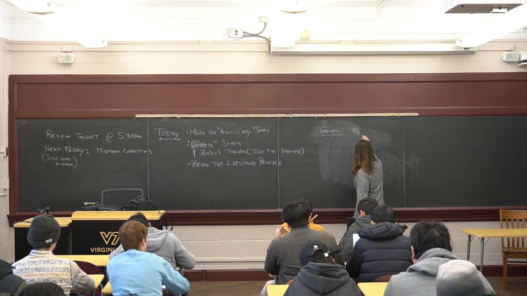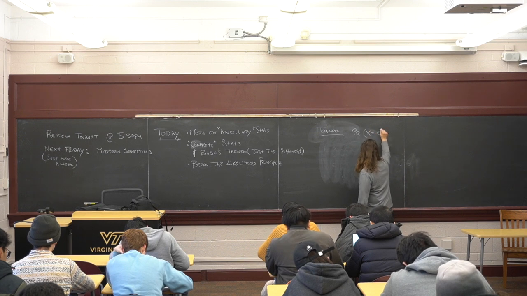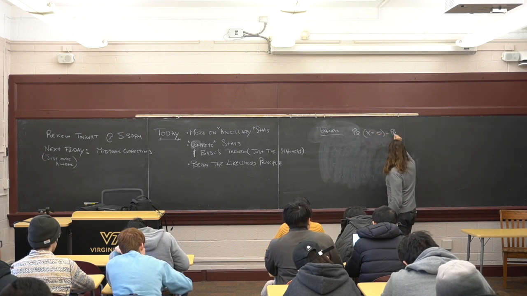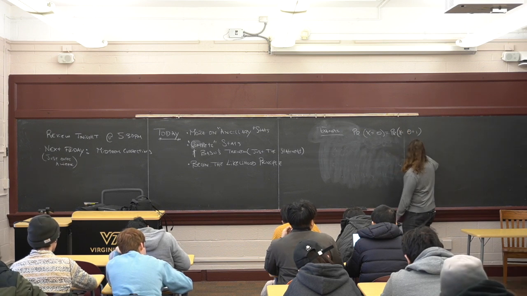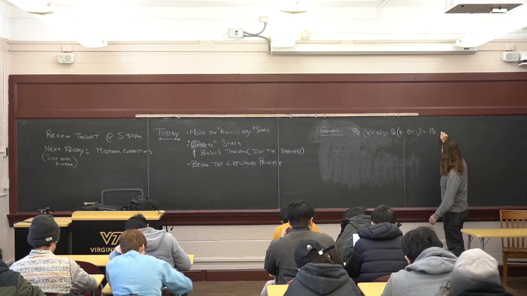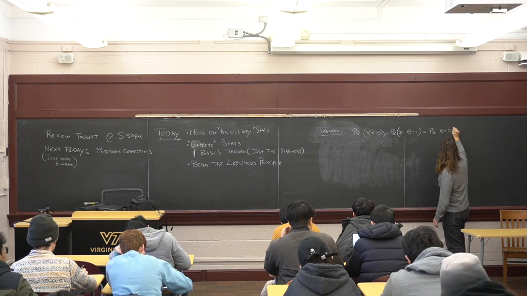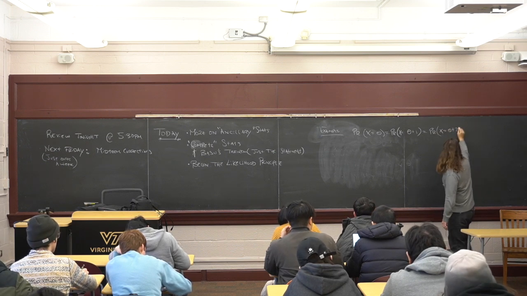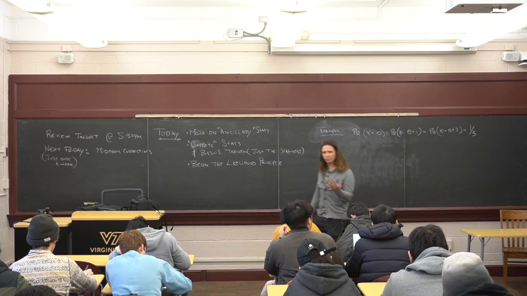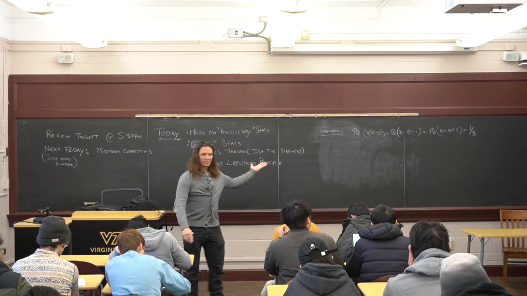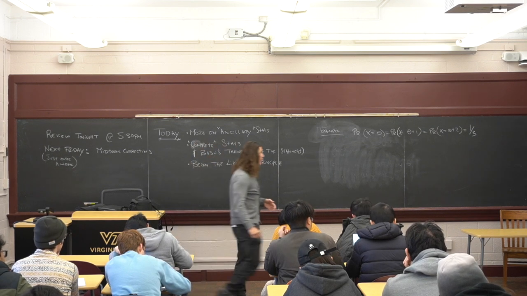The probability that X equals theta is equal to the probability that X equals theta plus 1, which is equal to the probability that X equals theta plus 2. All of these are going to be 1/3. So it's a uniform distribution on 3 different values.